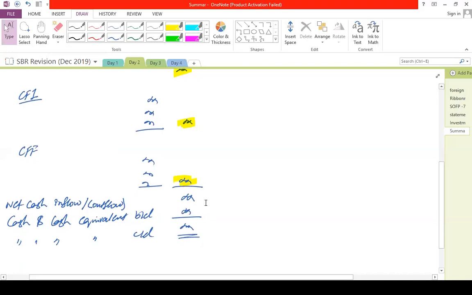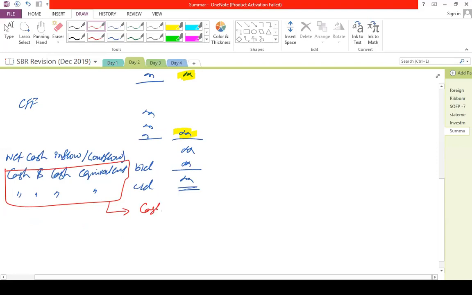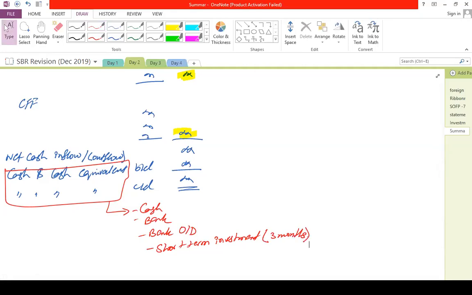Now, when we say cash and cash equivalents, what do we mean by that? The cash and cash equivalent is basically the cash, the bank overdraft, and any short-term investment, which means any investment which is going to be matured within 3 months is what is called short-term investments.